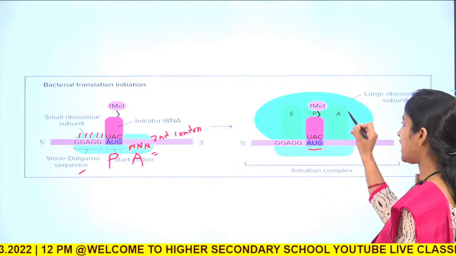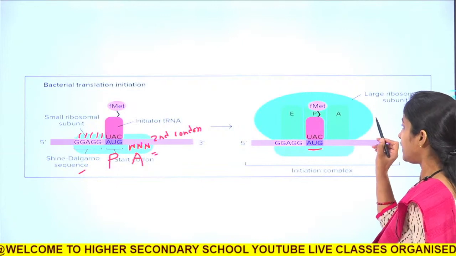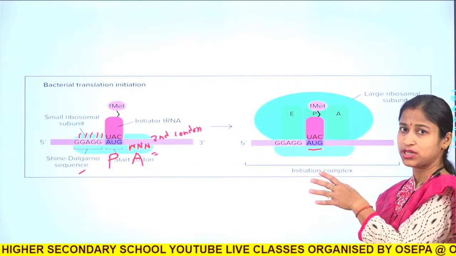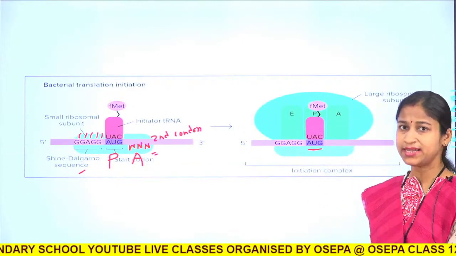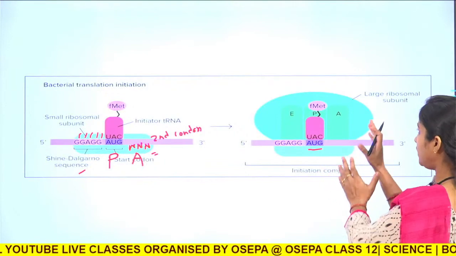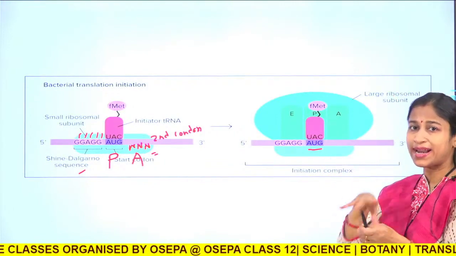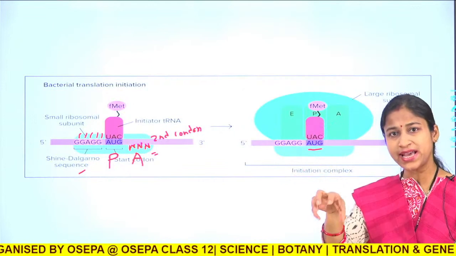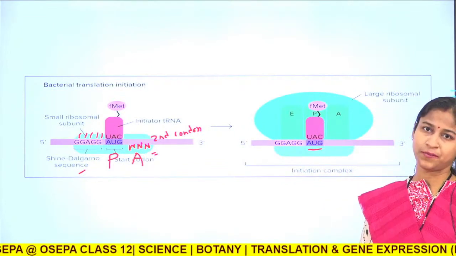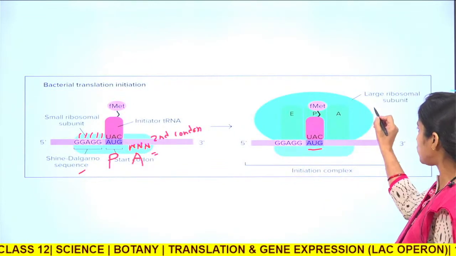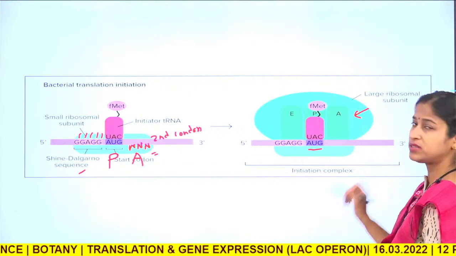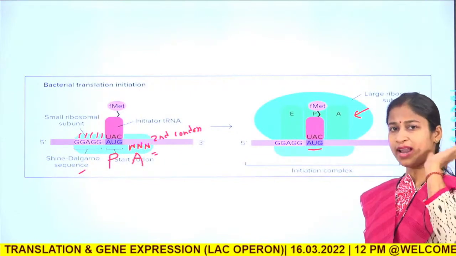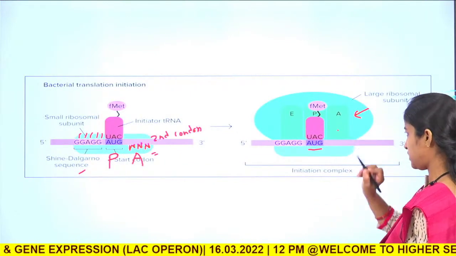Now, the A site, the aminoacyl site, is always open for attracting a fresh tRNA carrying an amino acid. So this is the incoming site for the tRNA carrying a single amino acid, which will bind to this site.